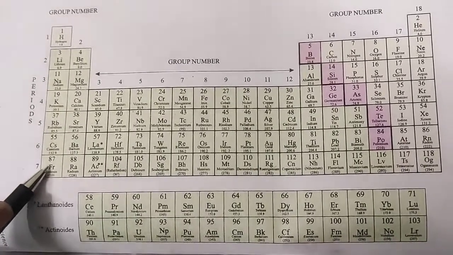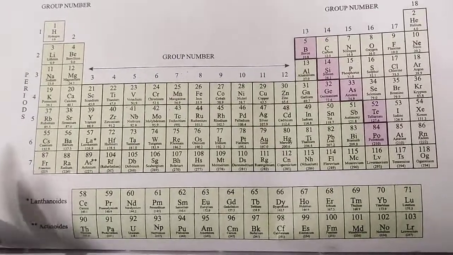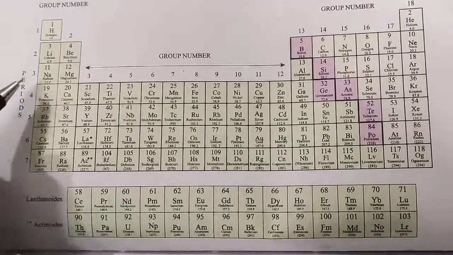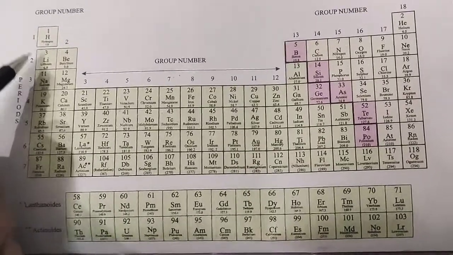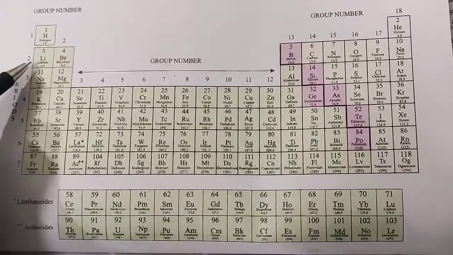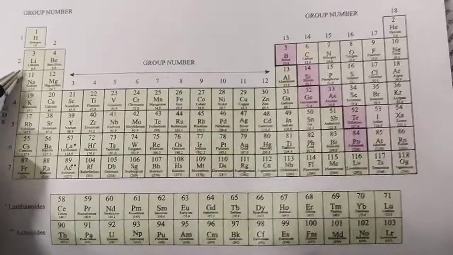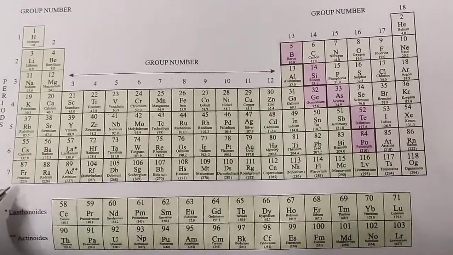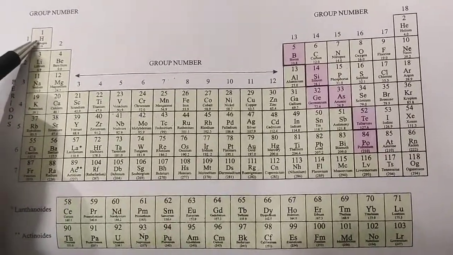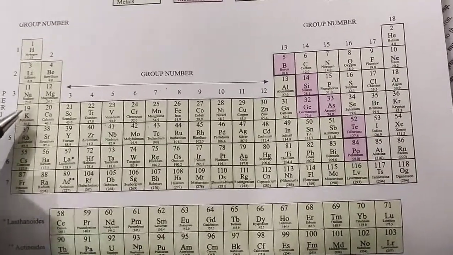Means the first group elements are alkali metals. Alkali metals are known as first group elements: hydrogen, lithium, sodium, potassium, rubidium, cesium and francium. What are they, student? They are the first group elements.